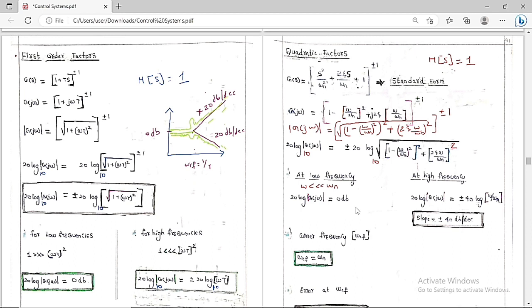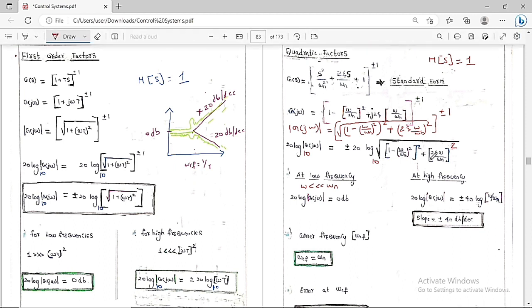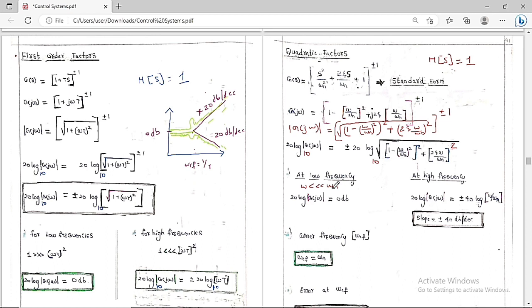Then this value is neglected, and this value is also neglected, because omega by omega n is very less than 1, so it is tending to 0.